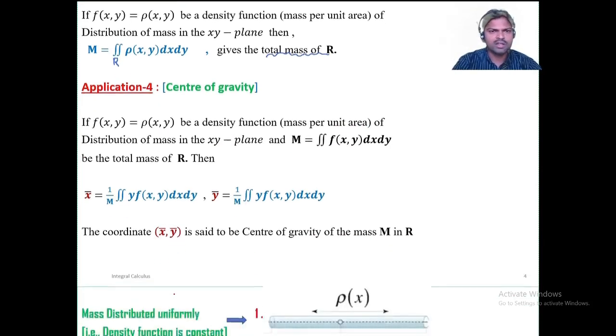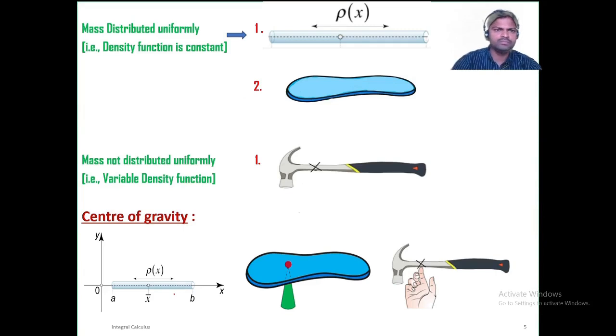Look at geometrically what is meant by both. Here, the mass is distributed uniformly. Let us take this object. In this object, the mass is distributed uniformly. Wherever you take a small unit area portion, the mass is similar to the mass present here, which is similar to the other portions.